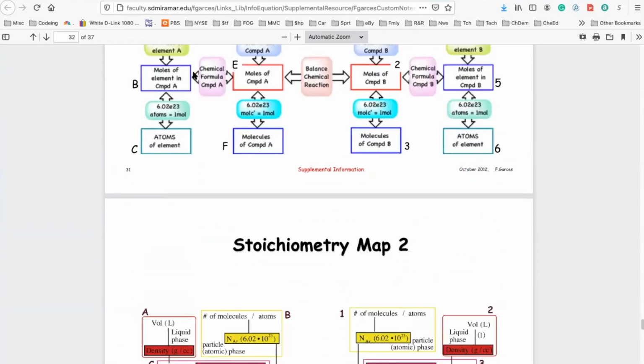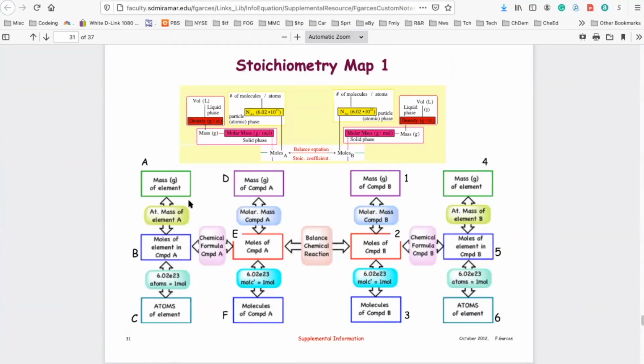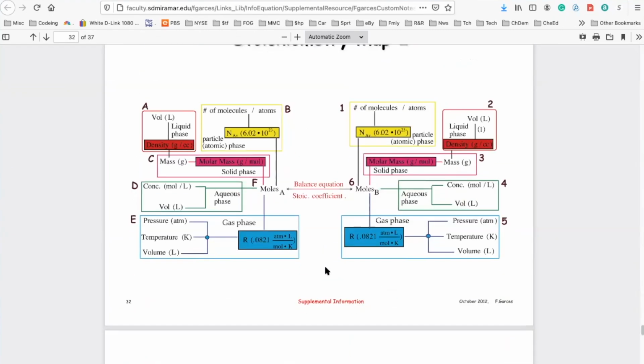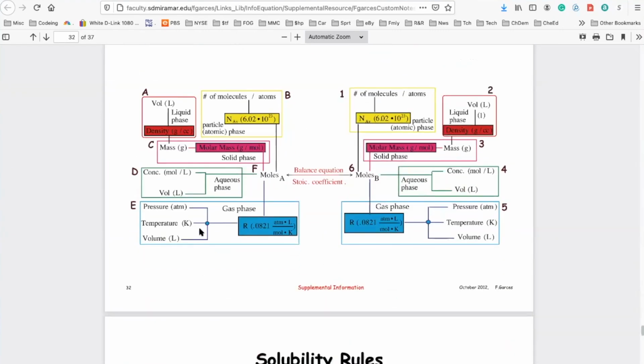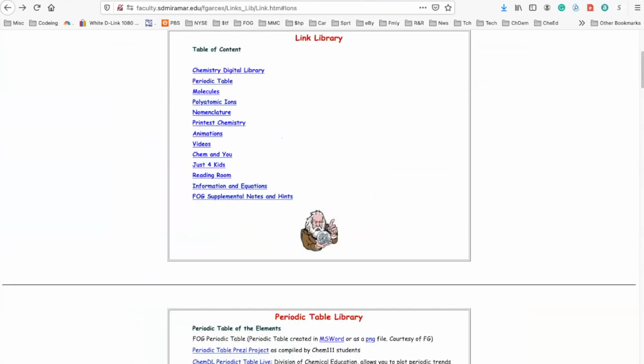This is the full stoichiometry map that we will be using in the future. So those are the resources that you can use. Be familiar with them. They're found in the links right here.